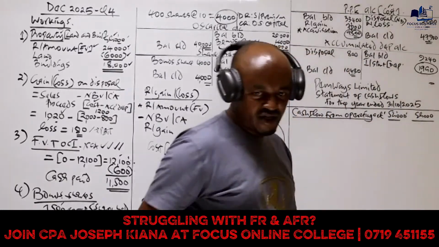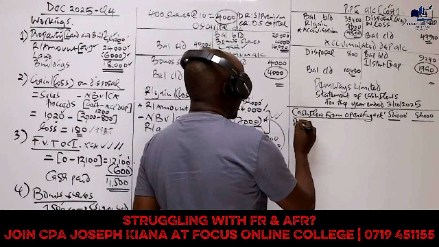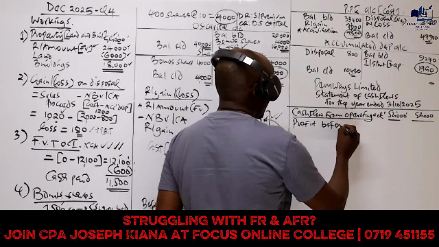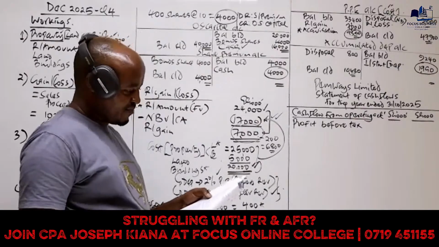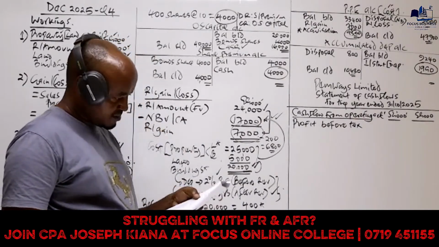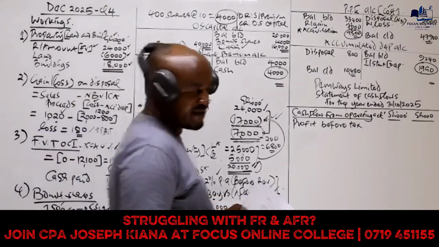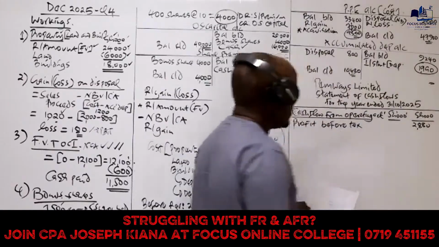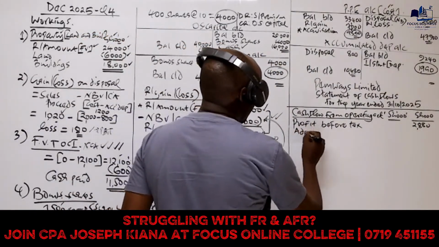When computing this, we said always start with the profit before tax. The profit before tax is an amount of 2880. Remember, we get this from the income statement, and then we make a number of adjustments to this profit.